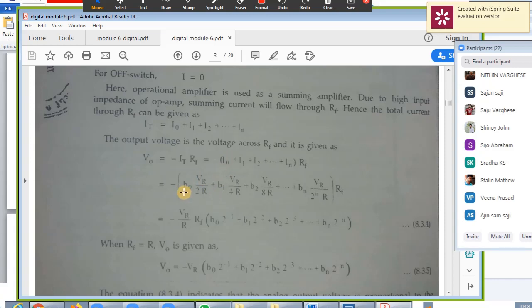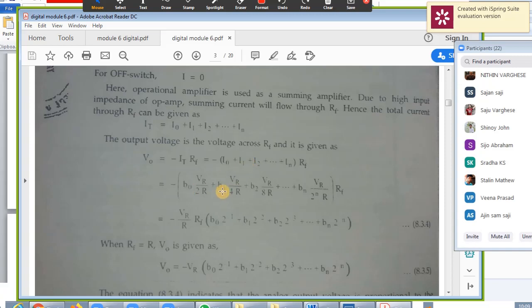If B0 is 0, then 0 into that has become 0. If B0 is 1, the value is VR divided by 2R. B0 is a binary value, so it is either 0 or 1.